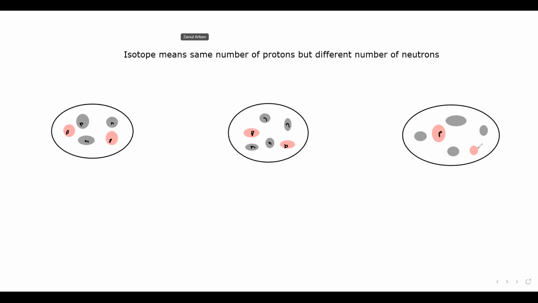How many protons are there in the first one? Nucleus A, B, and C. How many neutrons are there? How many protons are there in A?